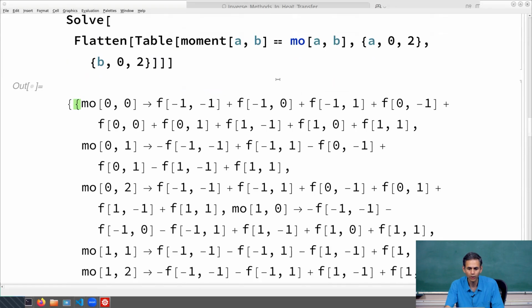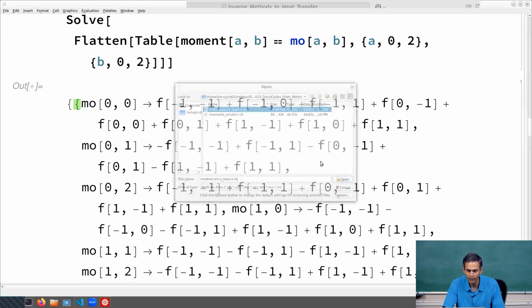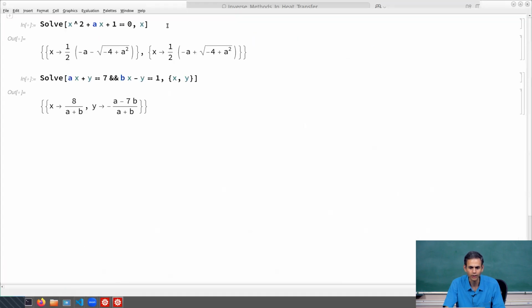Now I want to show, since I think some of you are familiar with Mathematica, how do we solve any small equation? Let us say I have a quadratic equation x square plus ax plus 1 equal to 0. That expresses the equation we want to solve, and I give x here, right?